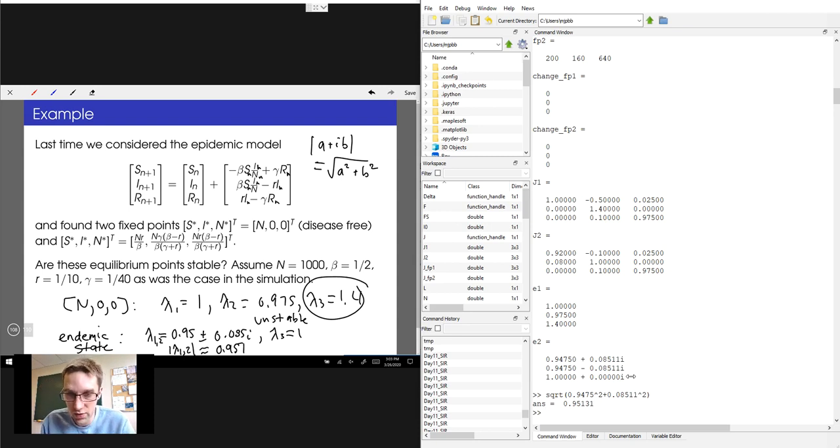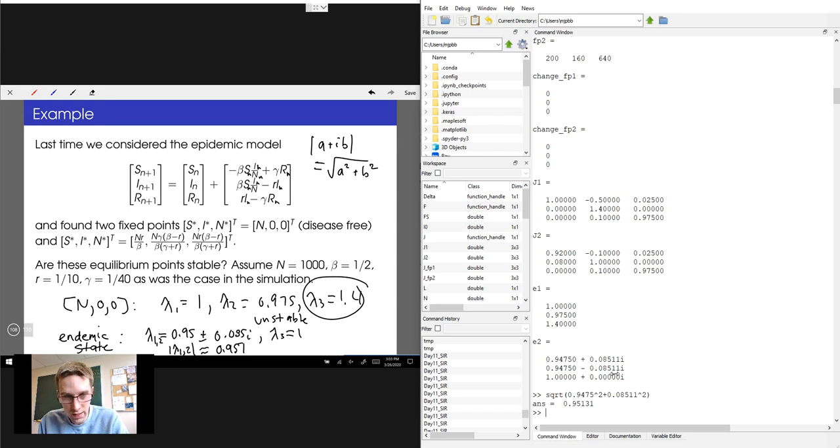And if you plugged in the negative 0.085, you'll get exactly the same thing since it's squared. And so both of those have absolute values around 0.95. The other value is 1, which means this one is right on the edge. And that's a case where it's not clear whether it's going to be stable in all cases.